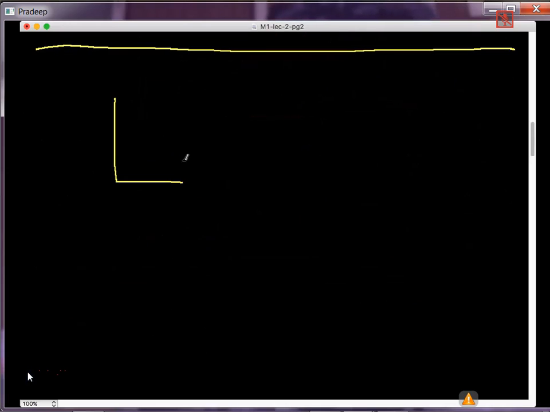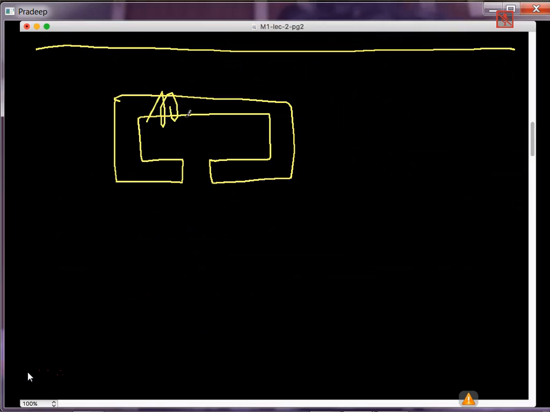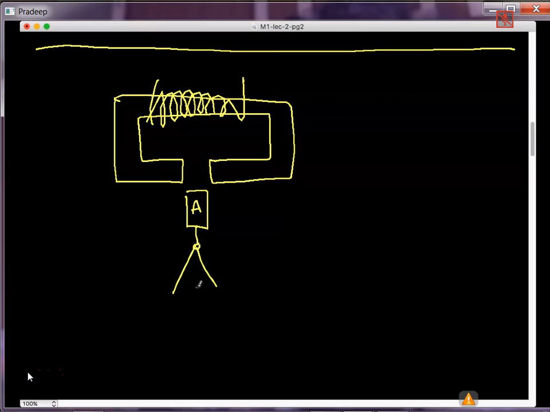So this electromagnet is still there with a coil. I have block A plus I have some mass. So the total mass here, let's say, is 2 kgs.